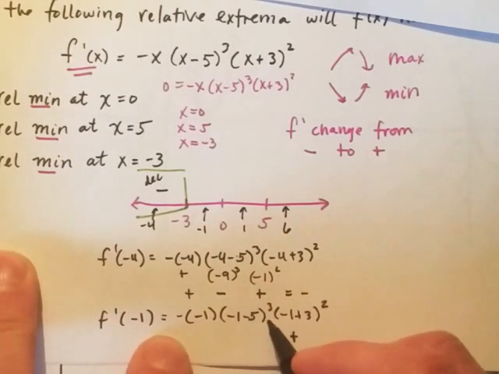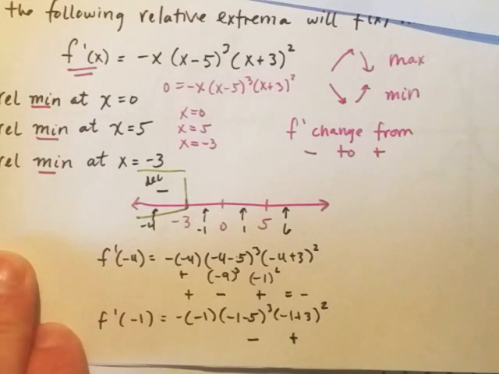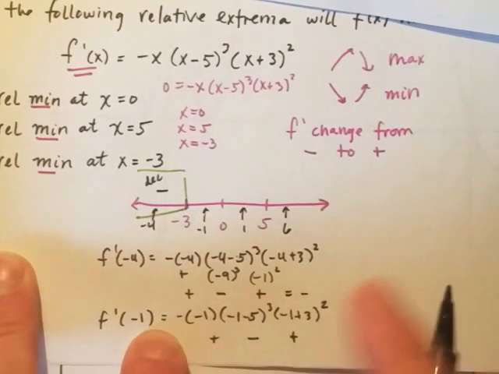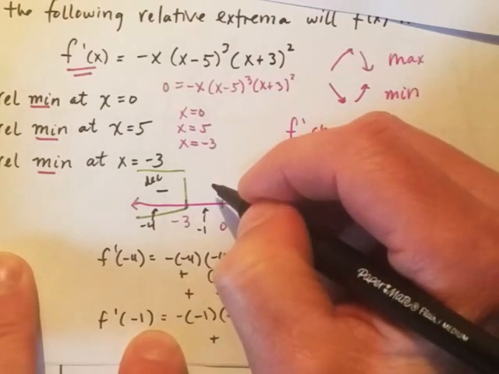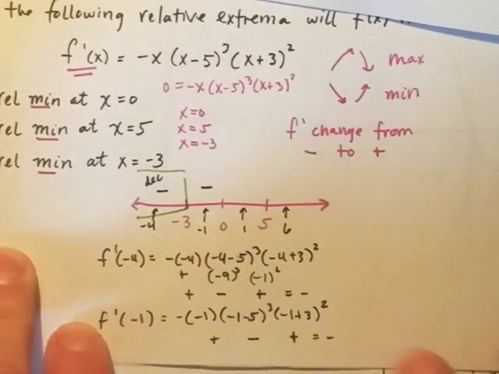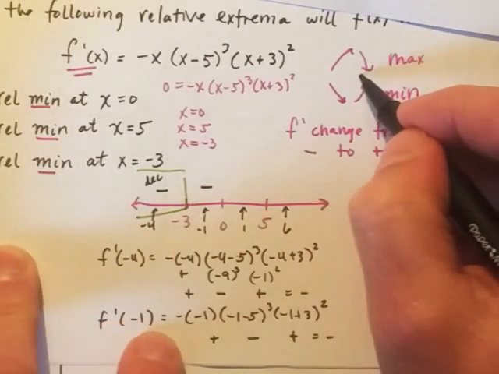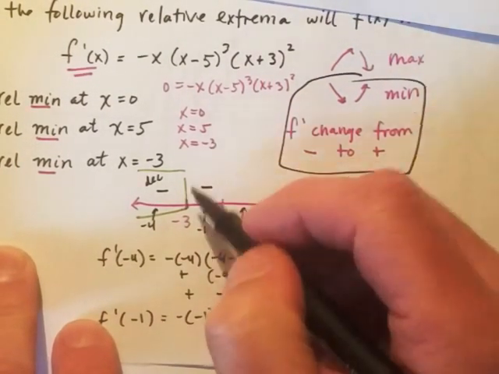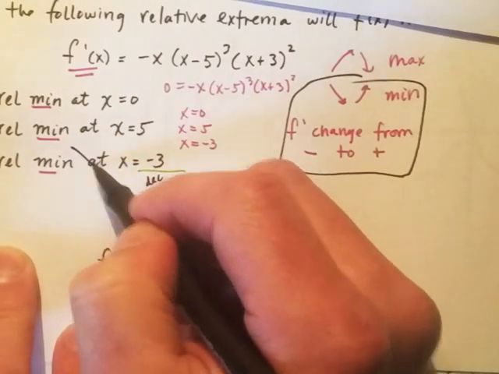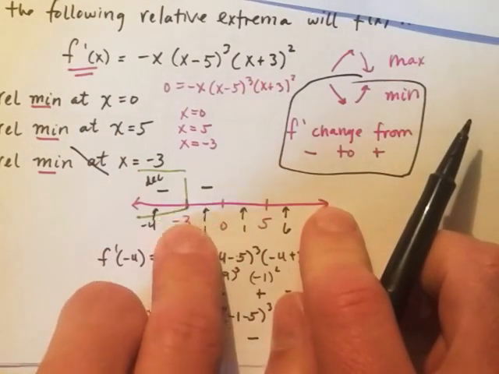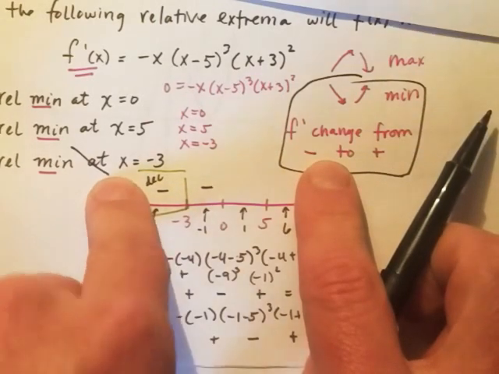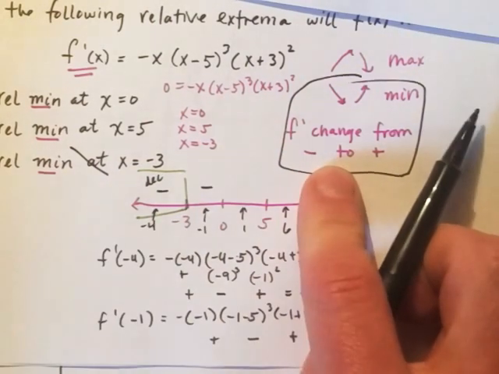This is going to be a negative to the third power, which we already determined was a negative. And we have a negative of a negative here, which is a positive. So we have positive times a positive, which is a negative. So we went from negative to negative. Is that enough for that to be a minimum? No. So in fact, it can't be negative 3 because it has to change from negative to positive slopes in order for it to be a minimum. So I can cross off that answer right now.